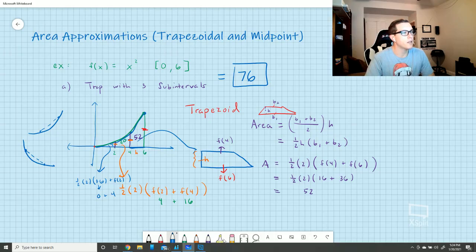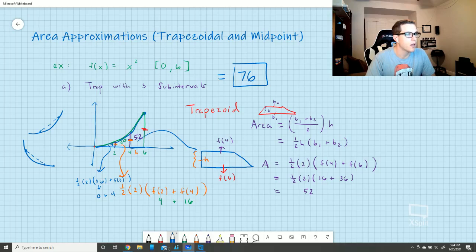Trapezoidal over approximation or an under approximation? I kind of didn't do it service in this picture, which is why I did it more over here. Turns out the trapezoidal in this case is going to be an over approximation because the function is concave up.